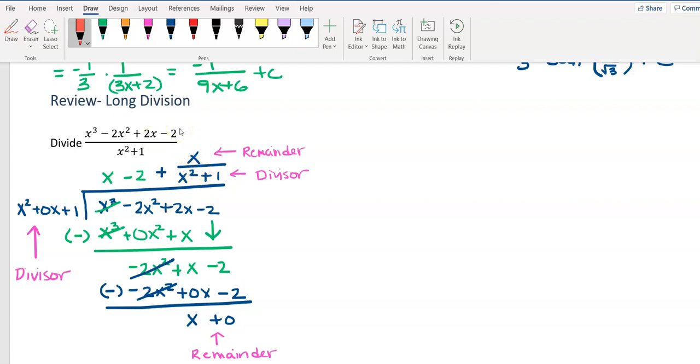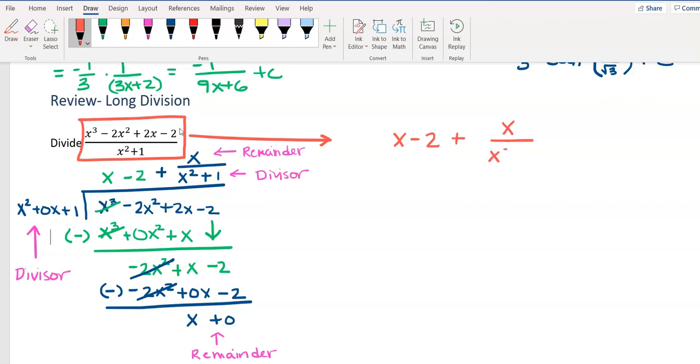So what I said was that this beginning rational function is the equivalent of what we just found, which is x minus 2 plus x divided by x squared plus 1. So those two are equivalent.